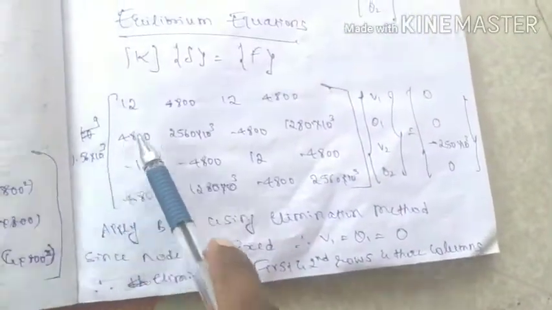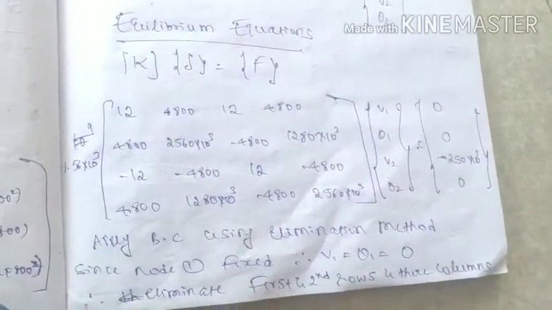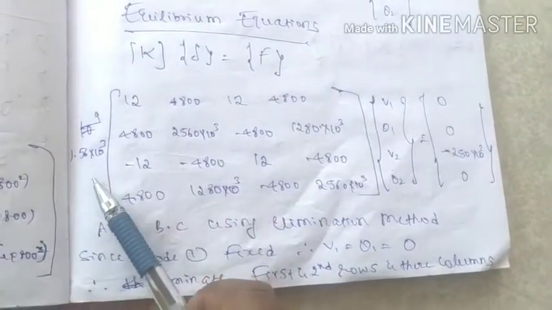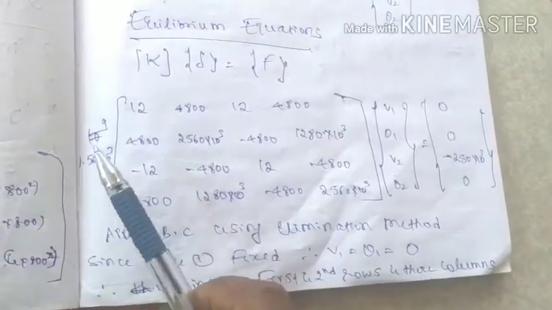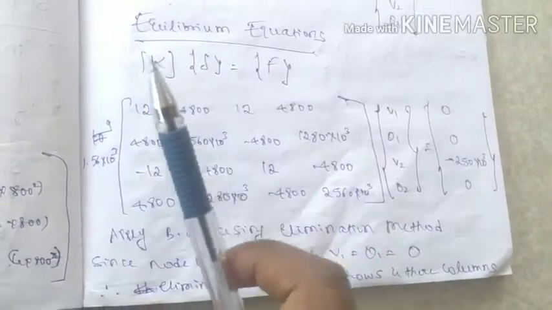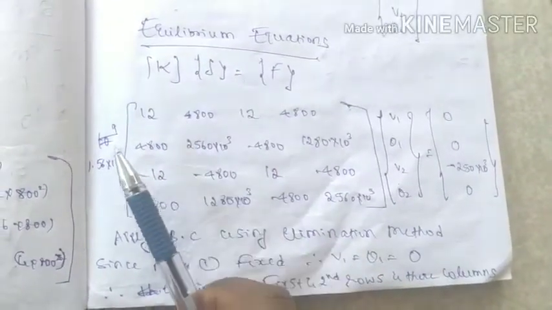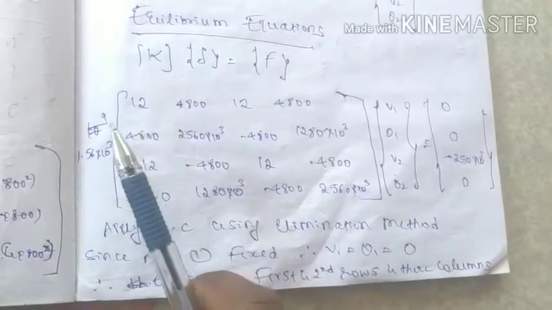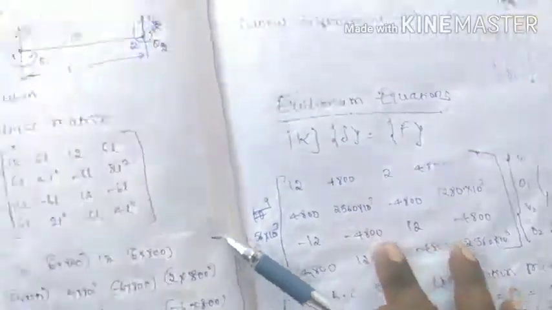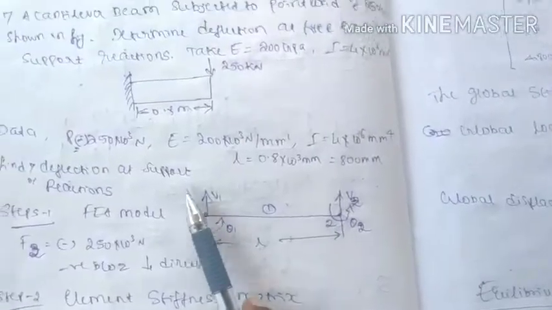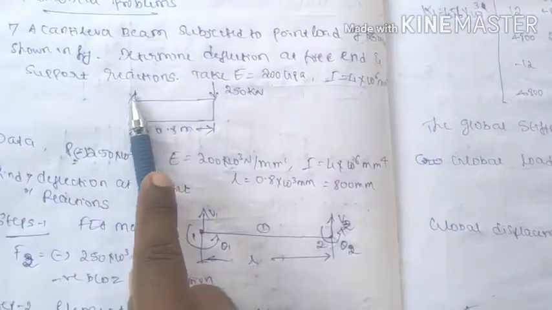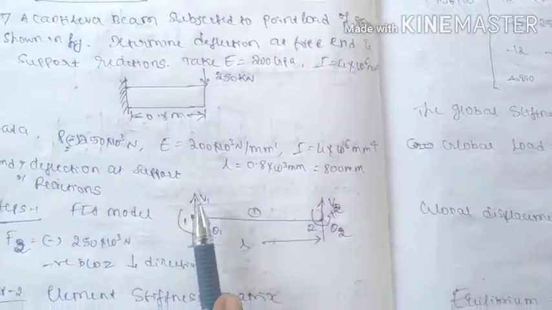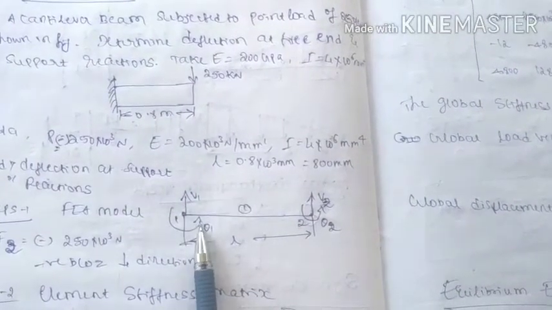Now we need to apply the boundary conditions. The boundary condition methods are two. One is the penalty method and the other is the elimination approach method. We are using the elimination approach method here. As you can see, at node 1 it is fixed, therefore we know the displacement, that is V1 is 0 and theta 1 also 0.